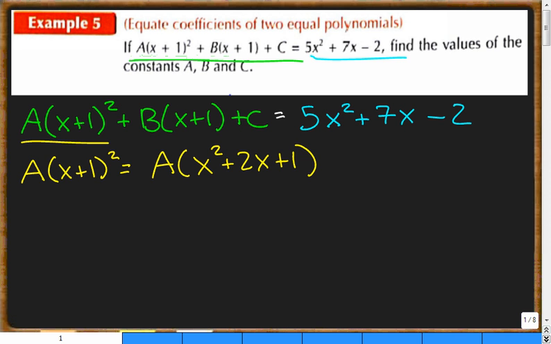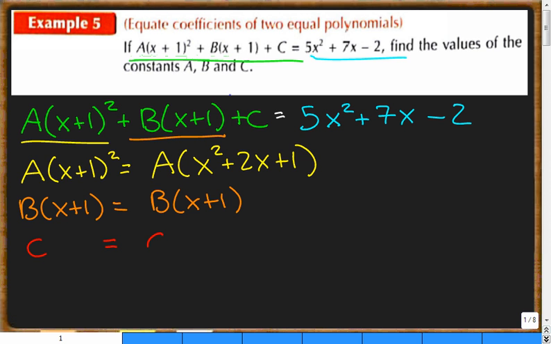Our b of x, or b times (x + 1), makes simply that, b times (x + 1). And our c is lastly by itself. Okay, so we still haven't broken this apart yet.